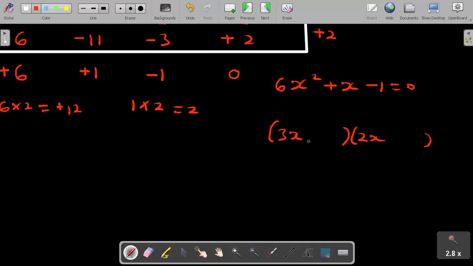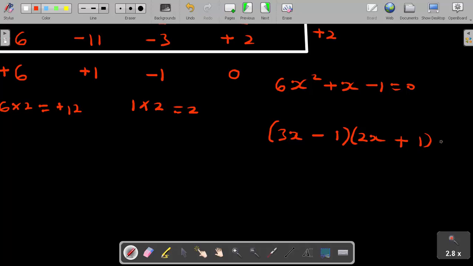It must be plus 1 then minus 1, because 3x times negative 1, I get negative 3x. What about here? Yeah, I think I solved them. It must be minus here then plus here.